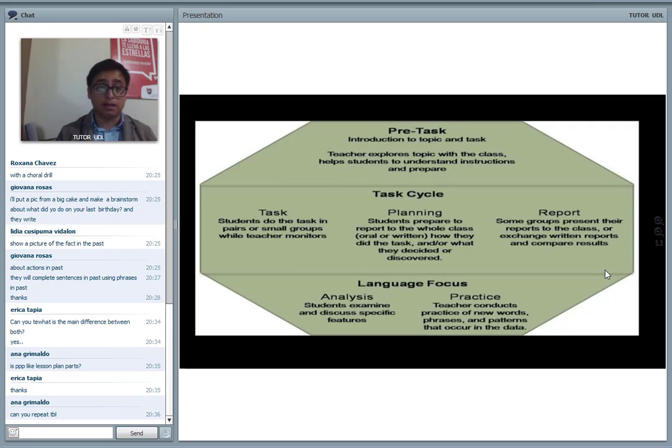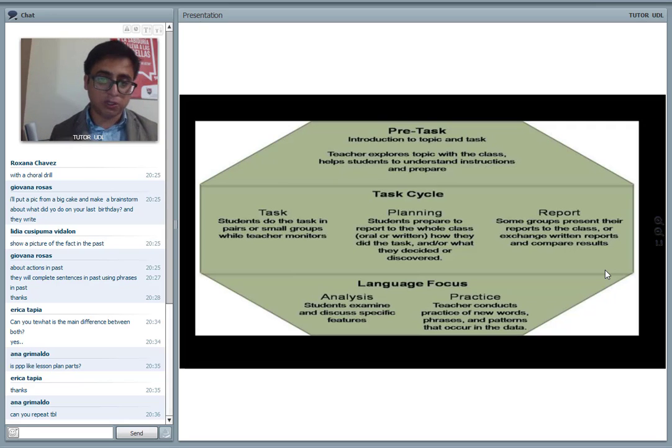about the task-based learning approach. So for example, here we have the pre-task. This is the first part. That is the introduction to topic and task. So here the teacher explores topic with the class, helps students to understand instructions and prepare.